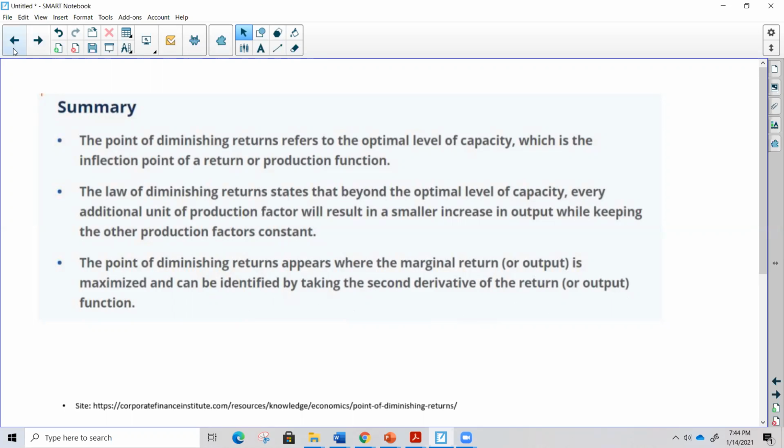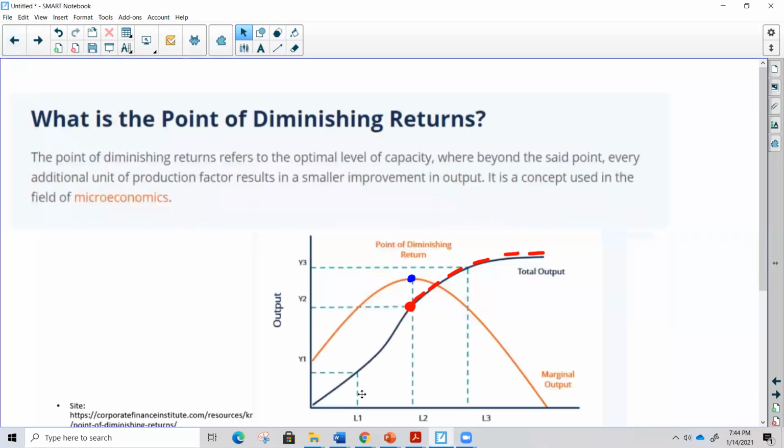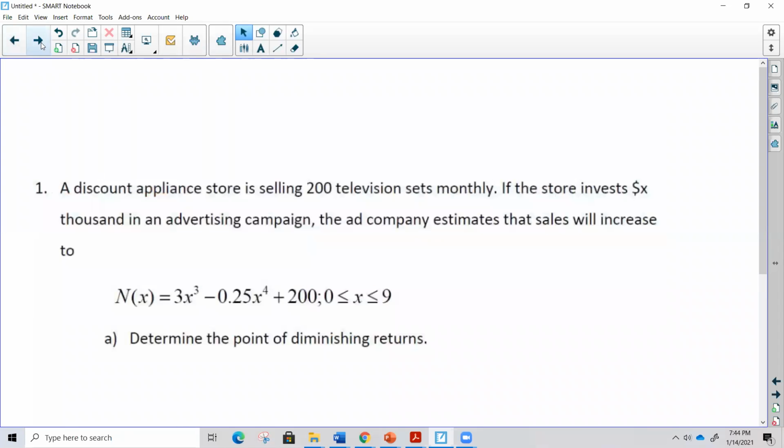So when we're doing the point of diminishing return, we are looking at when is the rate of increase the highest, because we generally with these problems will talk about functions that are increasing, but we want when is that highest, and that's called the point of diminishing return. And how we find that is by taking the second derivative.